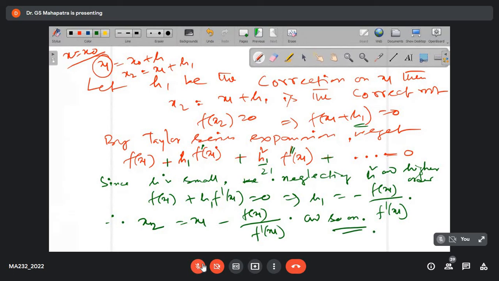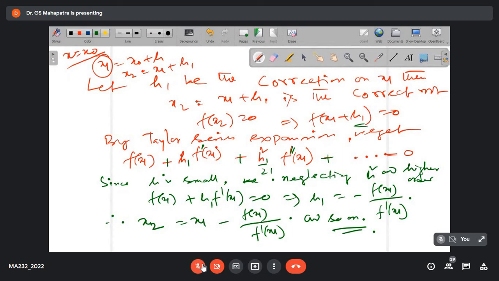I will not show anymore. So what is x3? x2 minus f of x2 divided by f dashed x2. And x4 equals x3 minus f of x3 divided by f dashed x3, and so on. So now we will write the working formula.